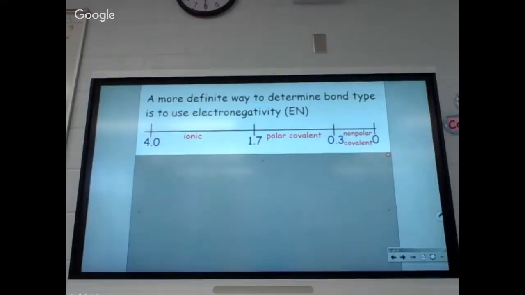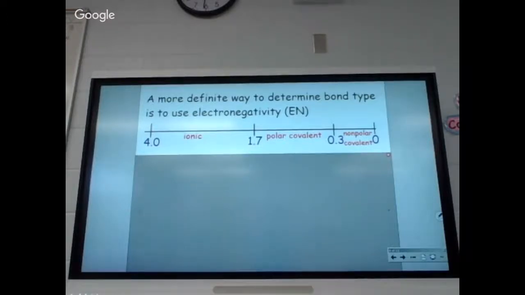Now, what type of bond is not up there at all? Metallic. All right, we cannot use the electronegativity scale to find a metallic bond. We'll talk more about that tomorrow as we keep working with this. A metallic bond does not use the electronegativity table.